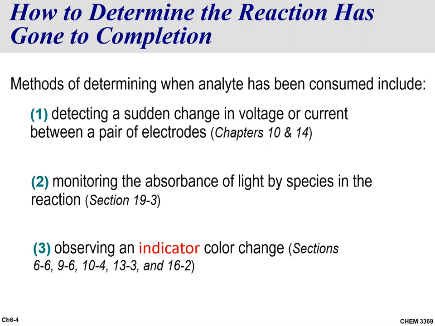You can, for example, monitor the absorbance at a certain wavelength. And if there is a specific compound that absorbs at that wavelength, the absorbance will change. So that is quite commonly used.